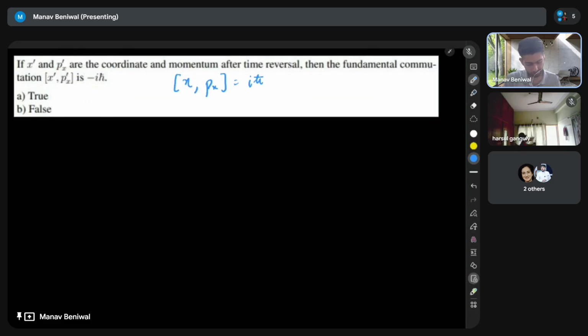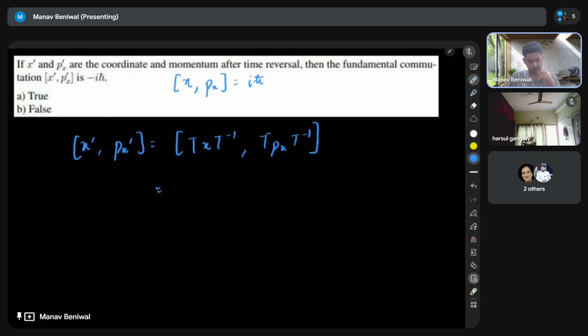Okay, so x prime comma px prime, we can write as the time reversal operator acting on position and again time reversal on momentum. We know that the position is invariant under time reversal, so x remains x, but the momentum changes sign upon time reversal, so this becomes minus px.